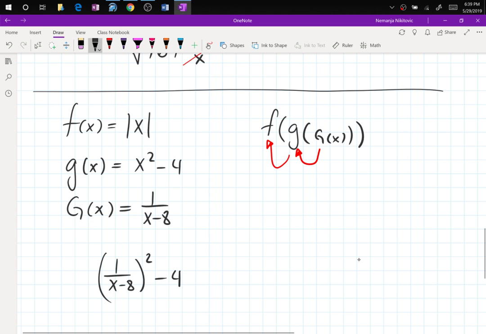This is my capital G plugged into lowercase g. And now all of that needs to replace x, so we just put the absolute value on it. And this is our f composed with g composed with capital G.